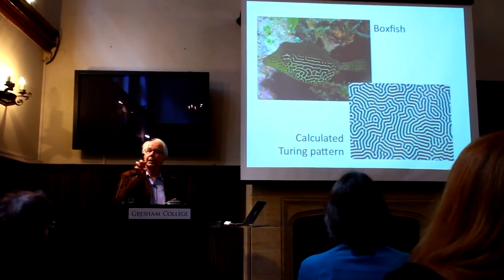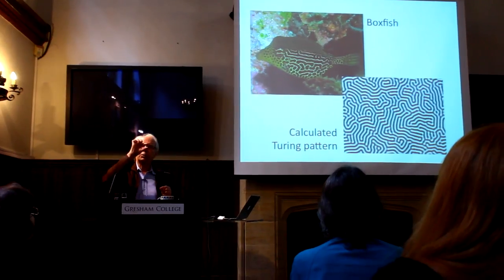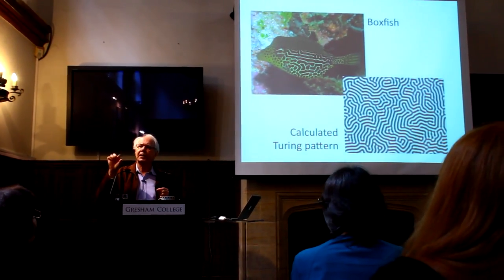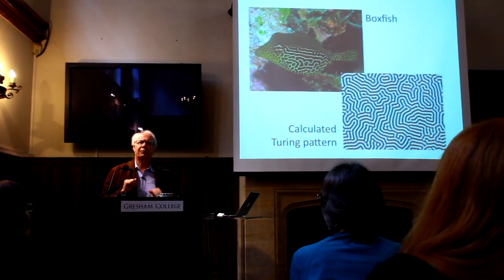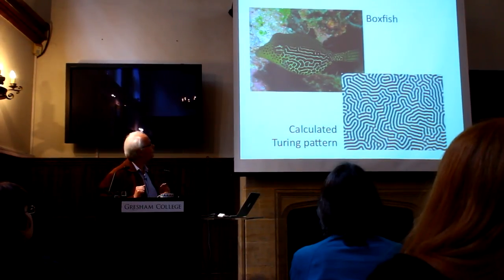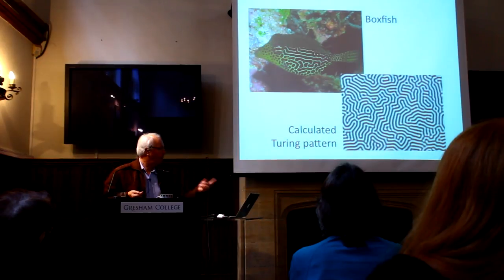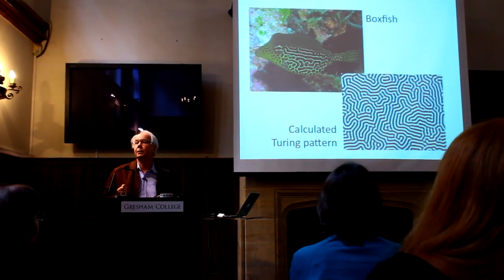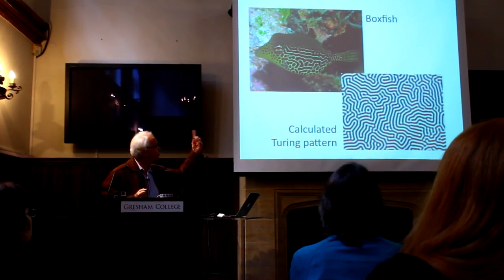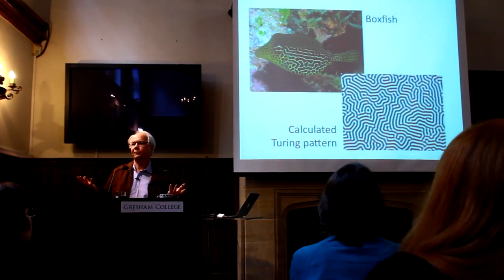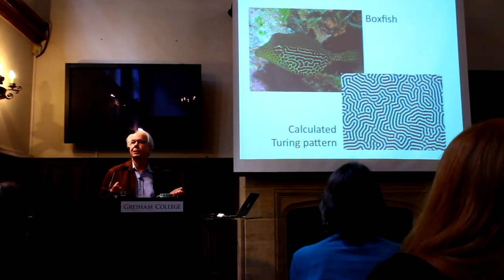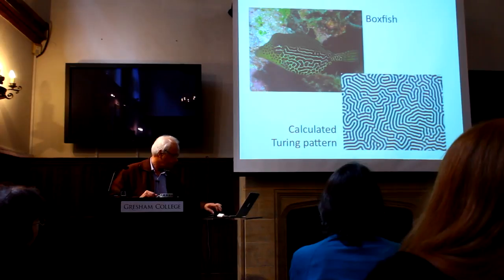It's irregular, but the spacing between those yellow stripes is pretty much the same everywhere. There is a regular spacing to it, but the details are irregular. And a computed Turing pattern, which is qualitatively similar. I'm not suggesting these match in detail, but they're the same kind of thing.